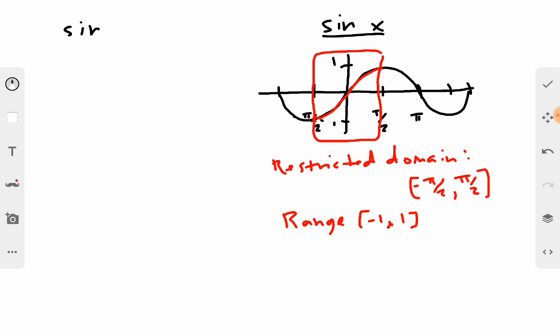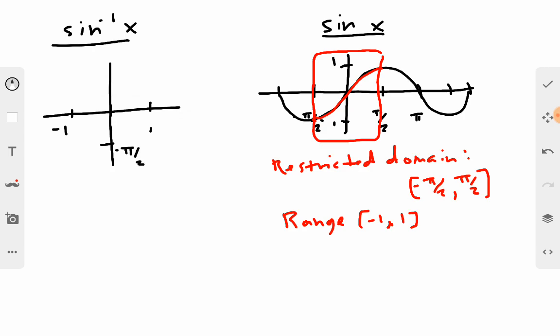So now when we look at the inverse of sine, the domain and range are going to flip. So now my domain is going to go negative 1 to positive 1, and my range is going to go negative pi over 2 to positive pi over 2, and the picture is going to flip.